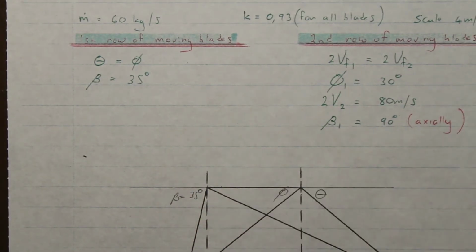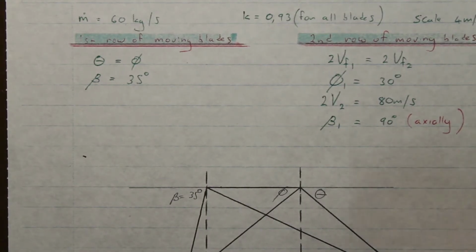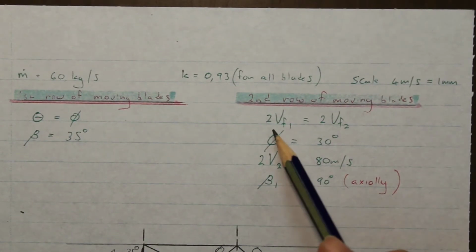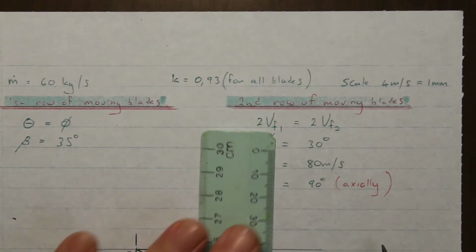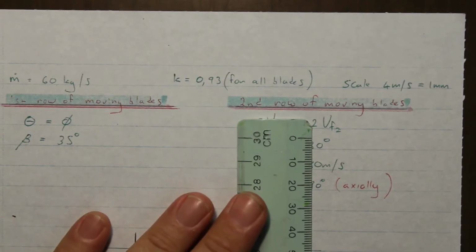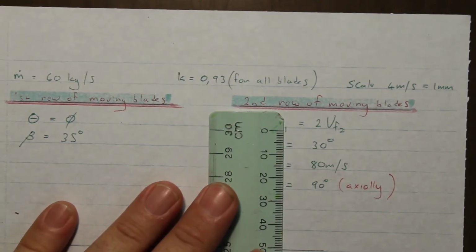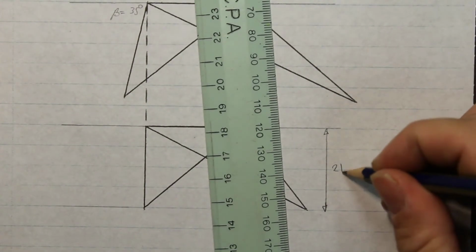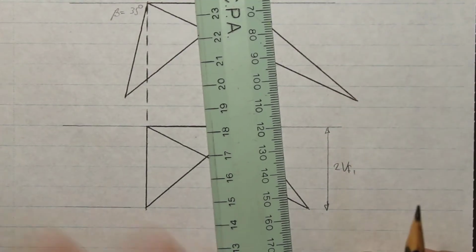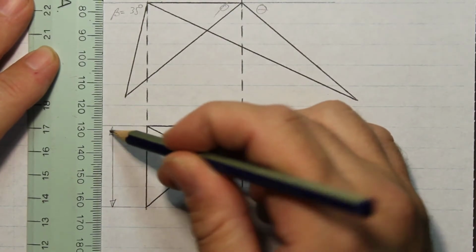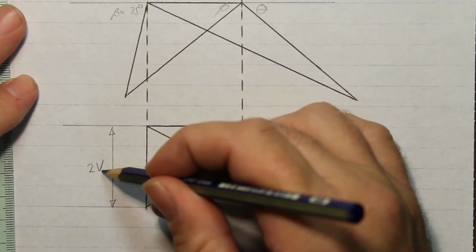Very important, now we can go to the second row of moving blades. Here it says 2VF1, which is this one here, must equal 2VF2.